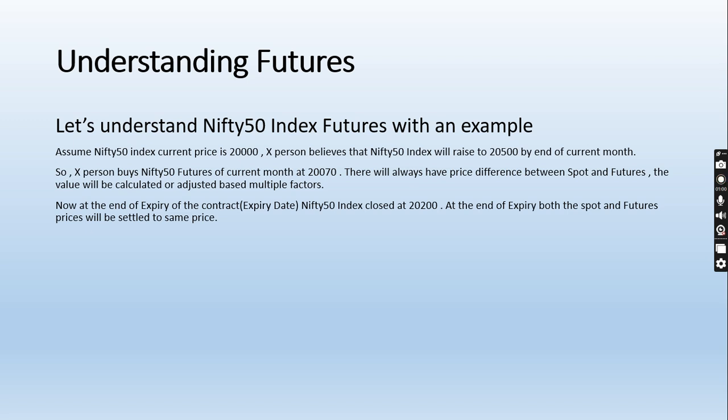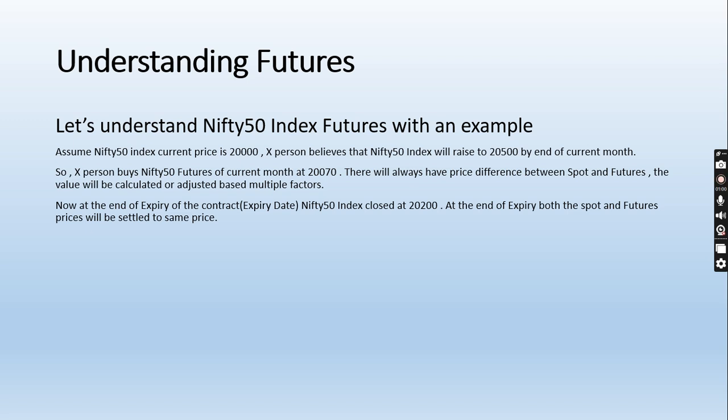For Nifty 50, the expiry date of a monthly futures contract will always be the last Thursday of that month. Currently this video is being recorded in July. So in July 2024, the expiry date will be 25th July 2024, which is the last Thursday of that month.